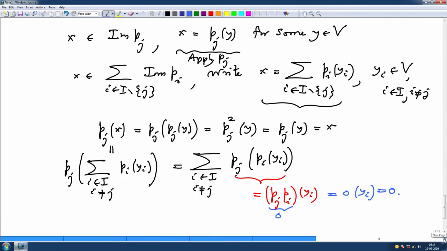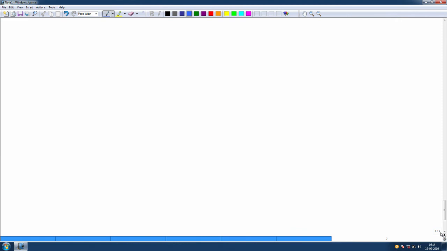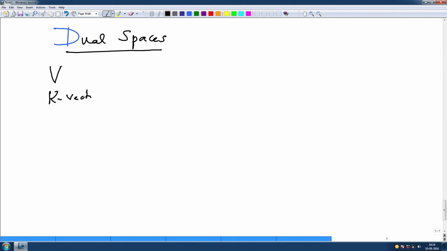Okay. Now, the next subsection I want to start is dual spaces. So, remember, when we have a vector space V, a k vector space, then we have this V star. V star is by definition the k linear maps from V to the field k.